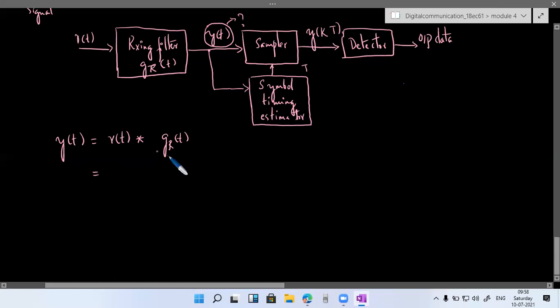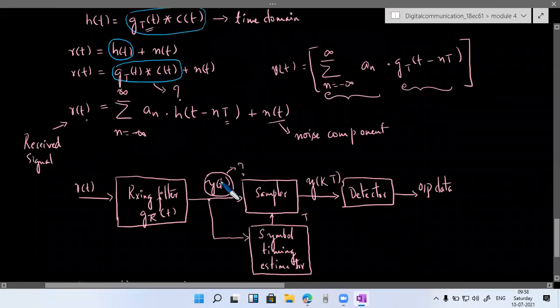But wait a minute, what is this r(t) in turn equal to? Have I got that equation? Yes, we do have that equation, where r(t) is in turn equal to summation a_n times h(t minus nT). So let me substitute that entire thing in place of r(t).